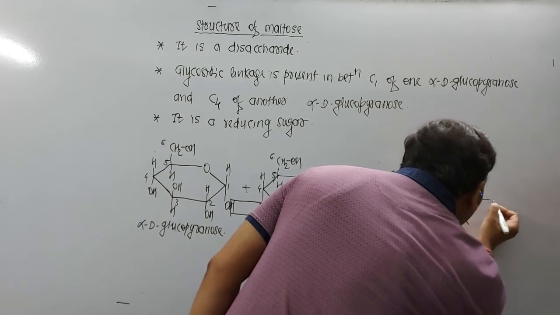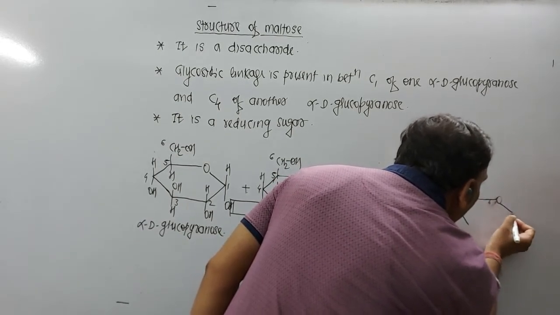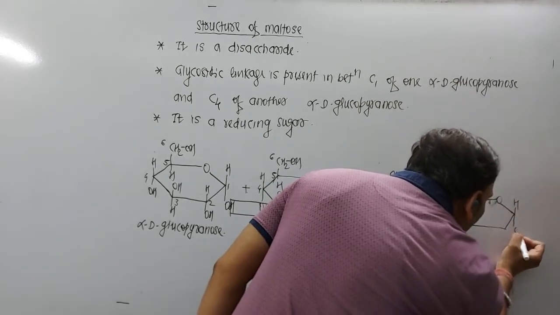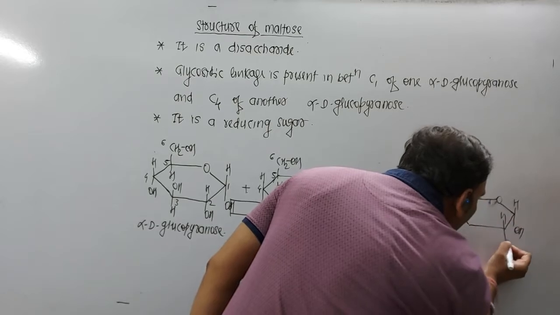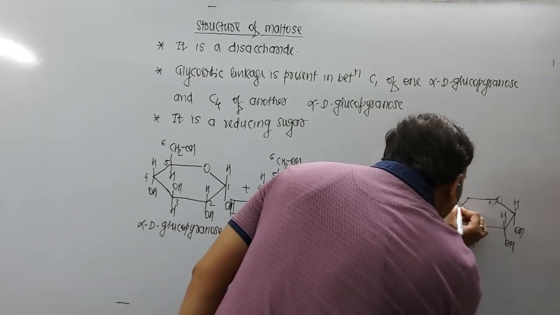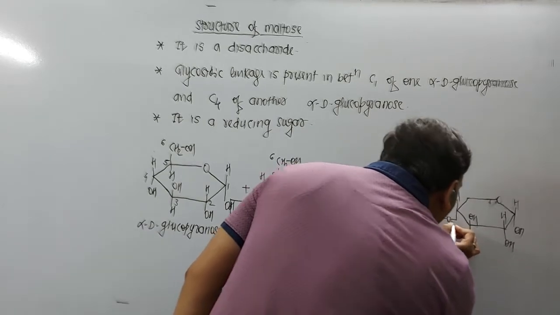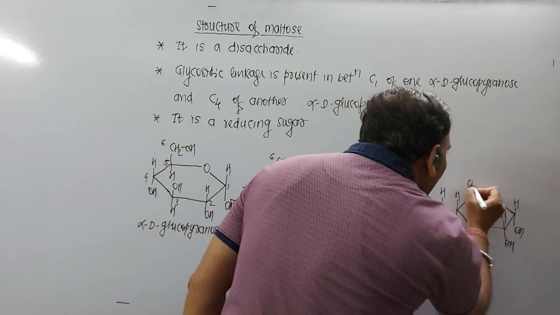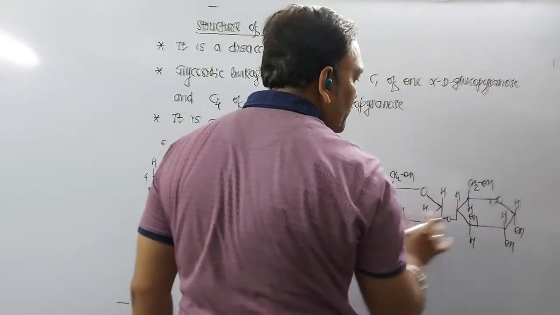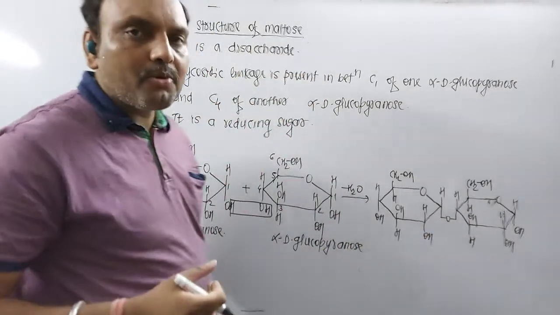This happens to be carbon number 4, so oxygen at the right corner in this manner. So H, OH, H, OH, OH, H. Now this is the glycosidic linkage between carbon number 1 and carbon number 4 of the two units. So this is the structure of maltose.